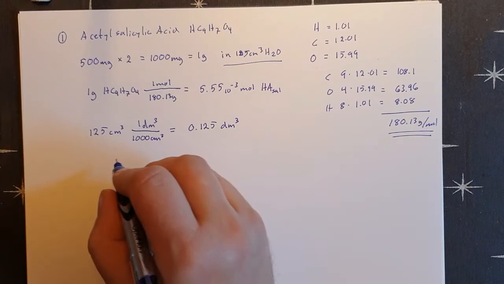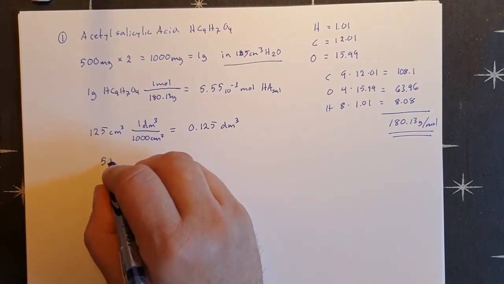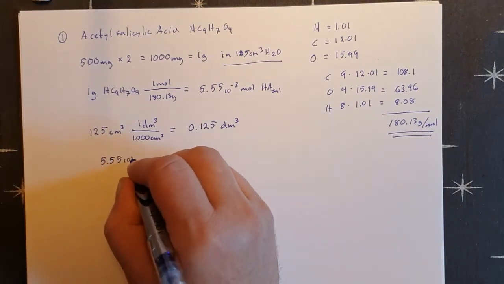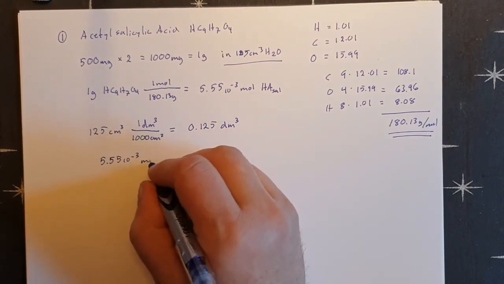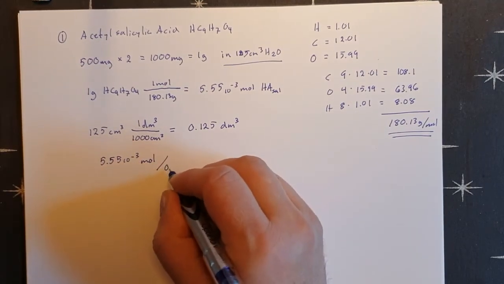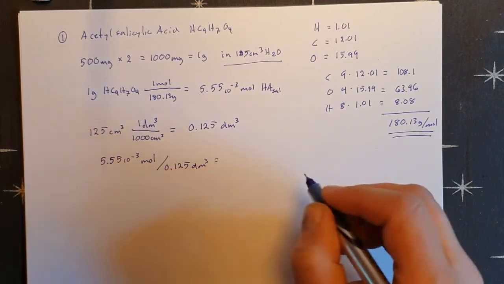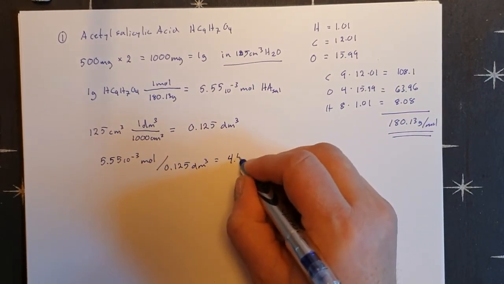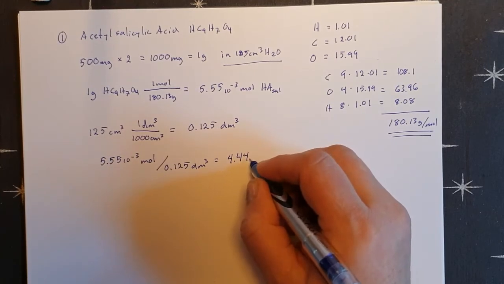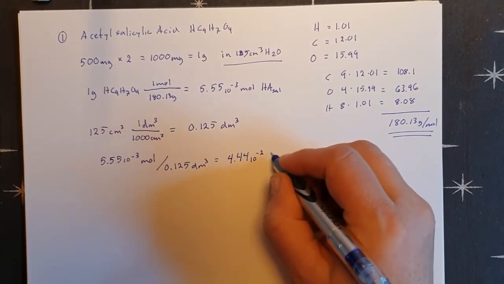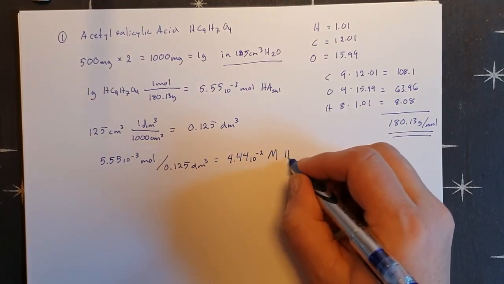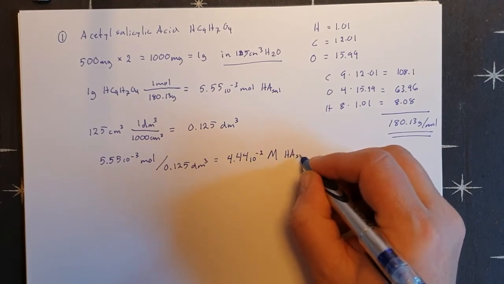So our actual concentration is then going to be 5.55 times 10 to the minus 3 moles over 0.125 dm3, which gives us a 4.44 times 10 to the minus 2 molar solution of HA sal.